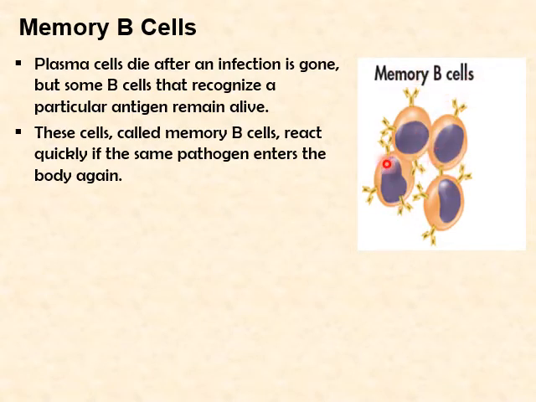Their main job is to keep a record of a pathogen that once infected our body, and then provide a quick reaction, which we call the secondary response, the next time the pathogen comes around.